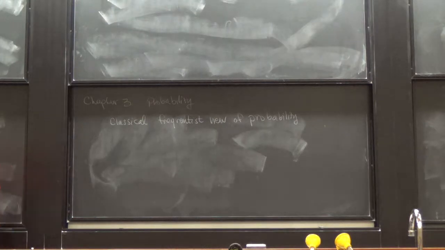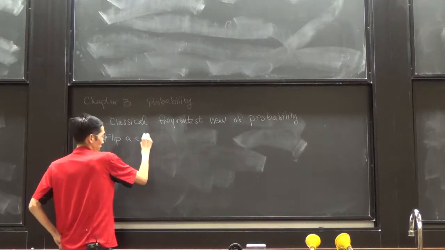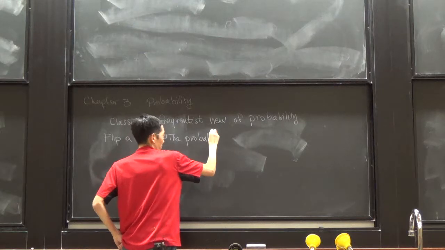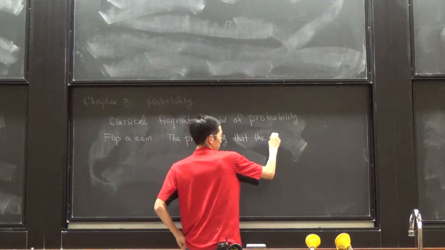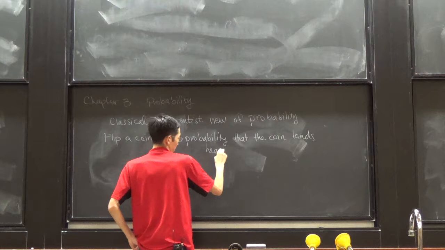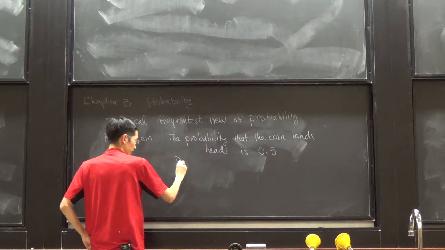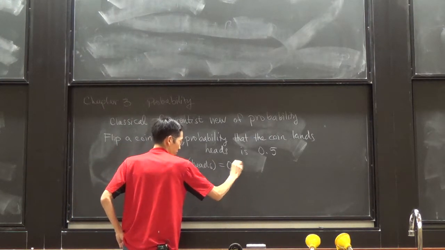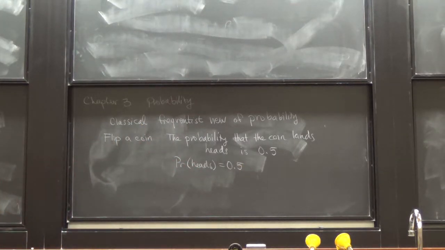So when I say I flip a coin, and the probability is 0.5, what does it mean to say the probability is 0.5?